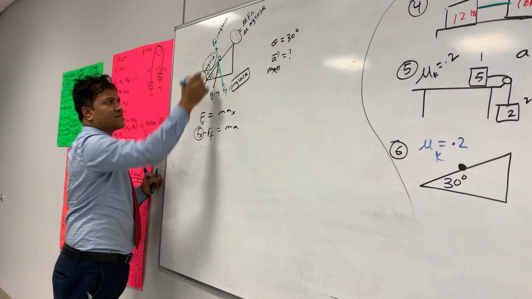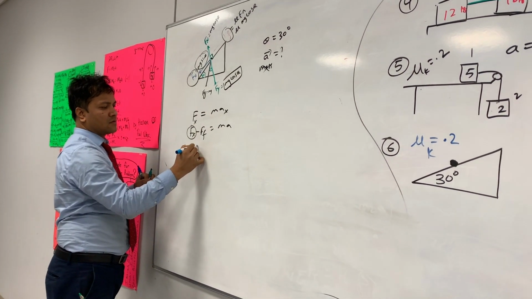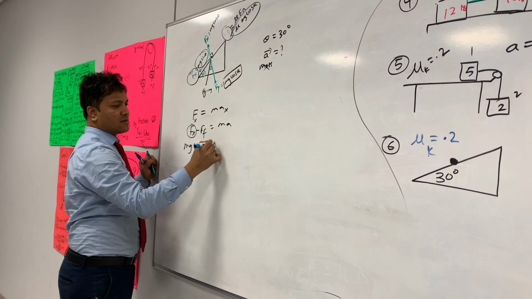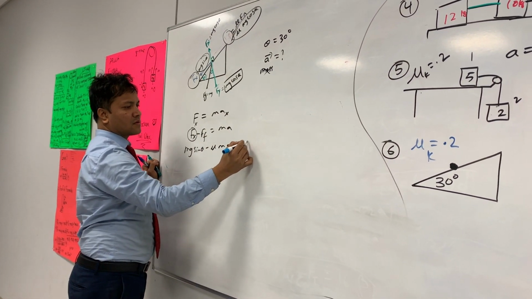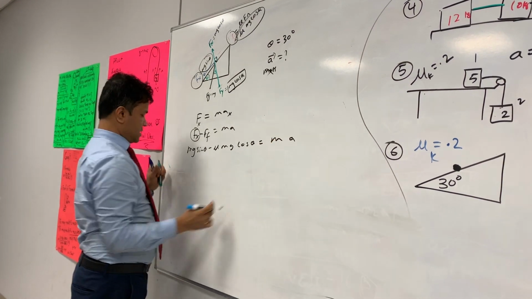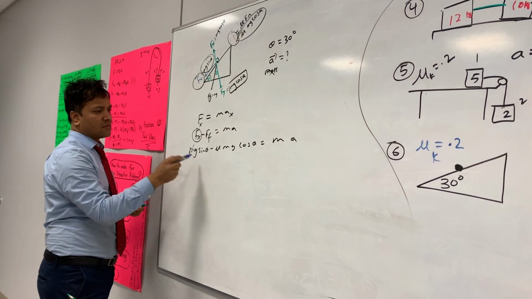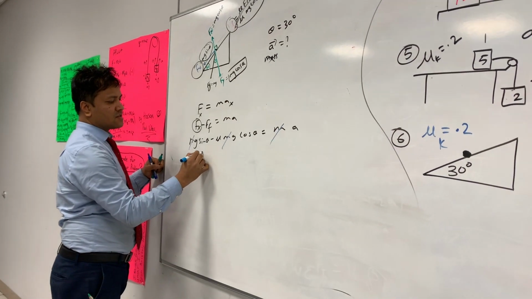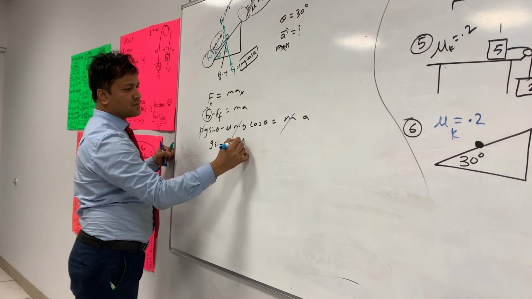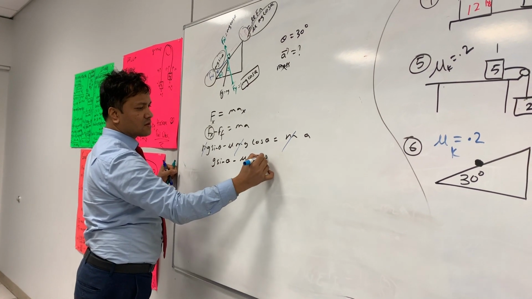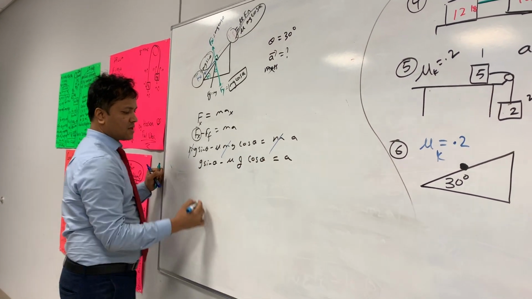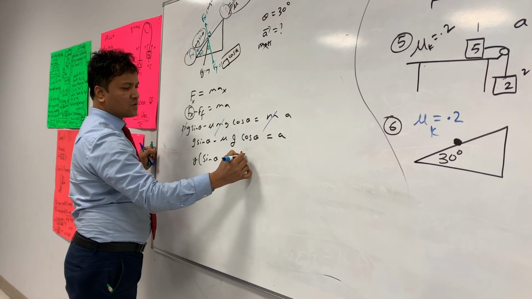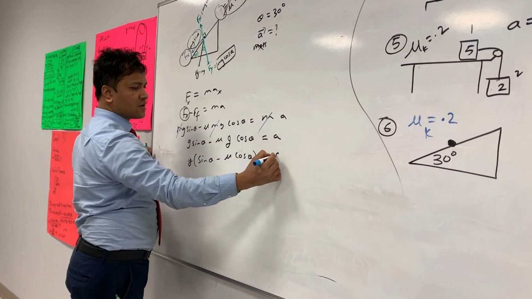Fx, we already said, is mg sine theta, minus Ff, we said, is mu mg cosine theta, is equal to ma. As you see, the m's cancel. So what we are left with is g sine theta minus mu g cosine theta is equal to a. Factoring out g: g times sine theta minus mu cosine theta is equal to a.